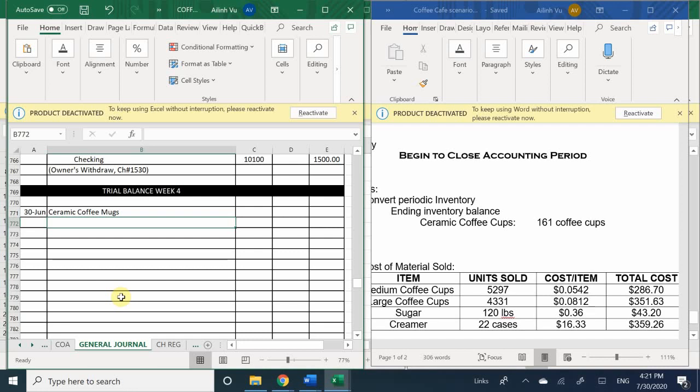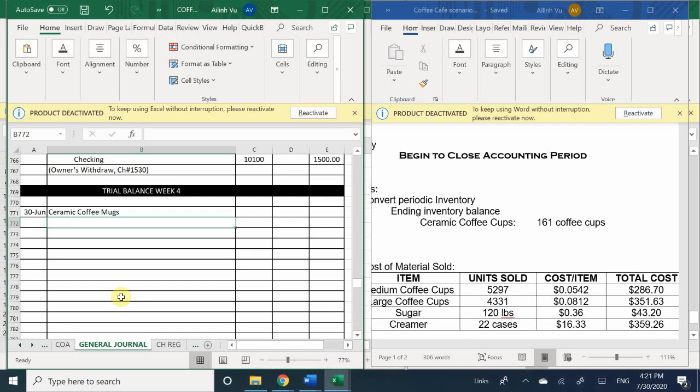This is also the difference between periodic and perpetual. Purchase expense? Purchase expense, yes. So now that we reach the end of the period, we need to convert our expense into inventory. Yes. Okay. So how do you journalize this?